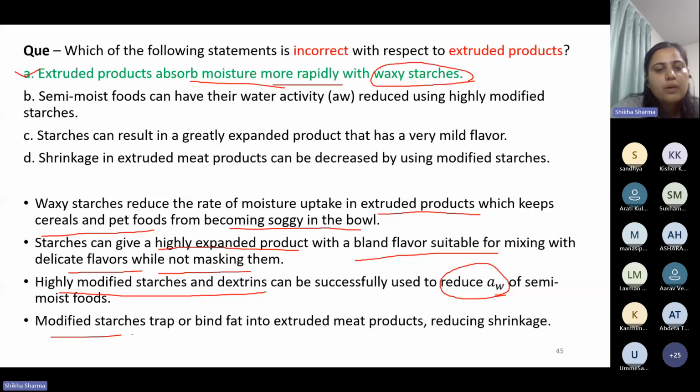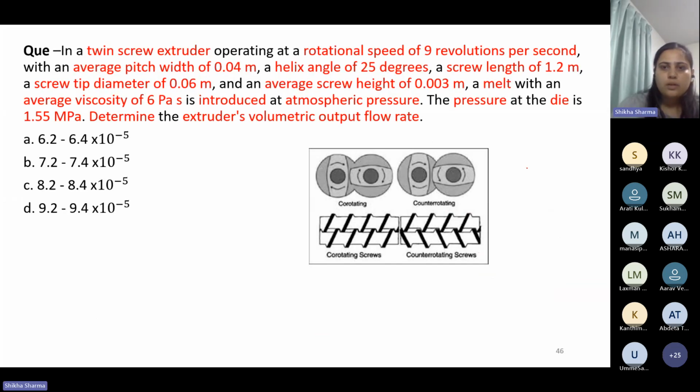And the modified starches trap or bind the fat into the extruded meat products, which reduces the shrinkage problem. So option A. Is it clear? Yes, ma'am. So let's solve a question on the extruder.